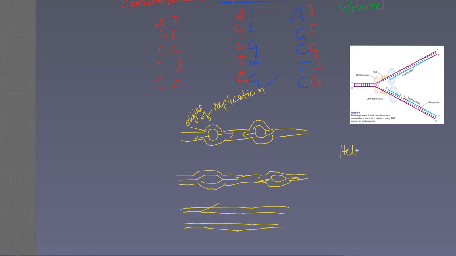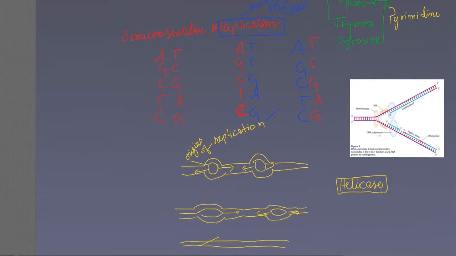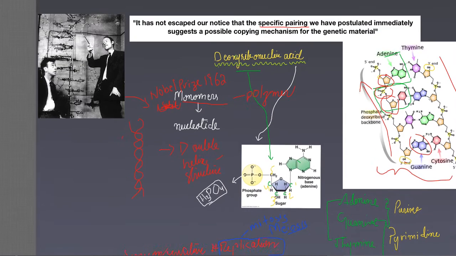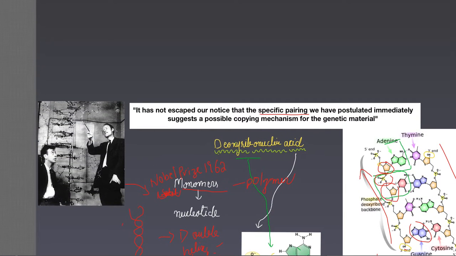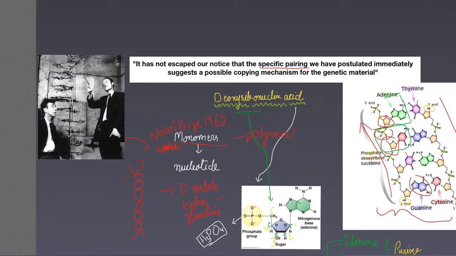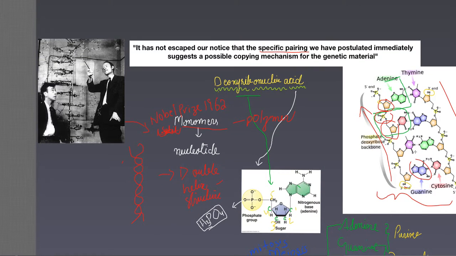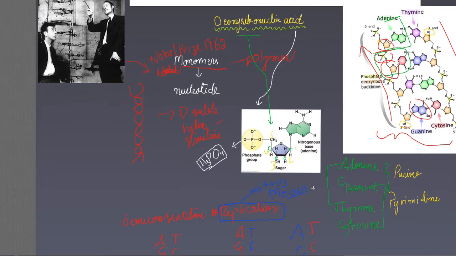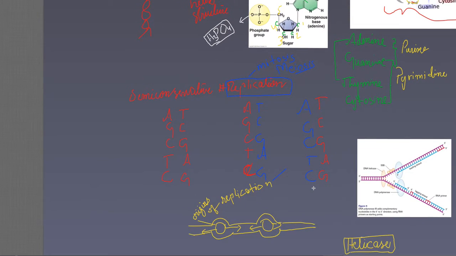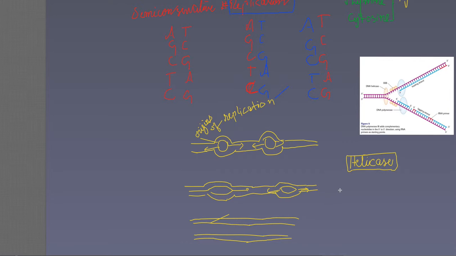Helicase is the enzyme responsible for breaking the hydrogen bonds between the two strands right here. As it breaks them, the new strand always forms from the 5 prime towards the 3 prime.